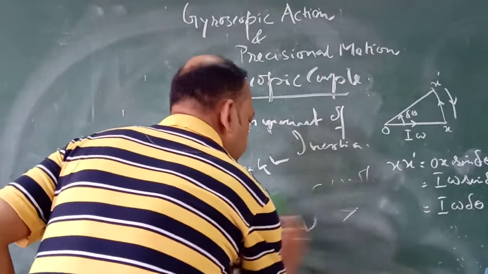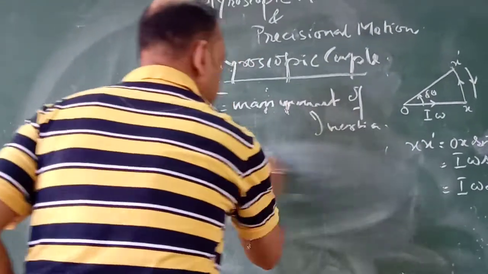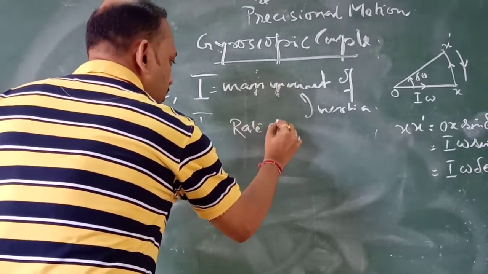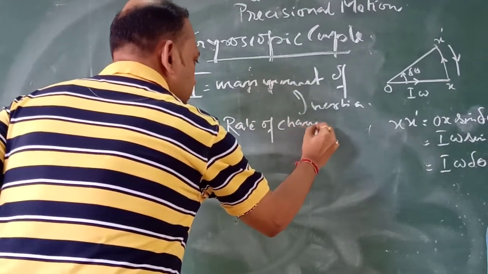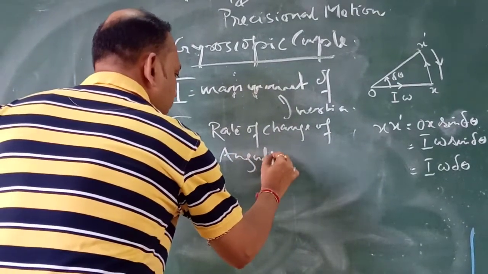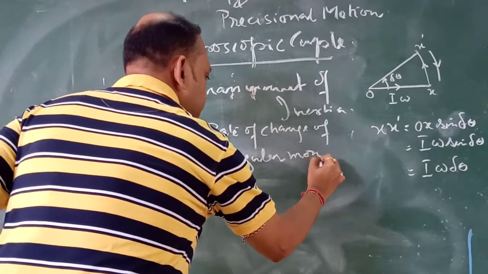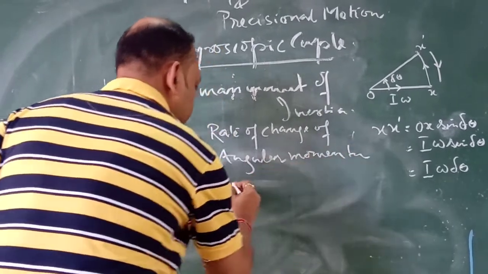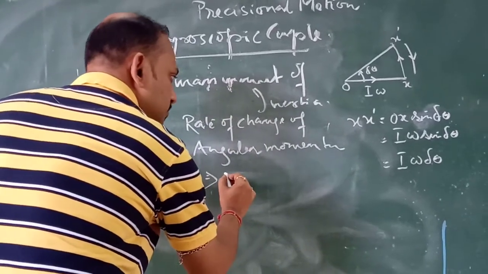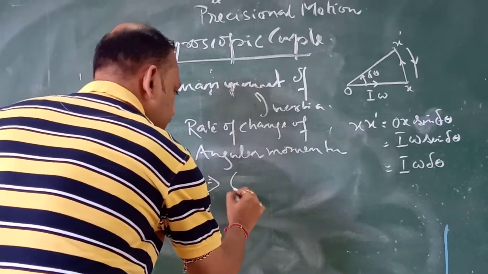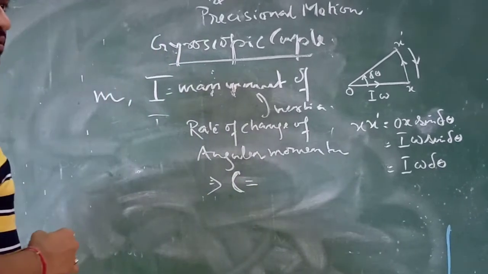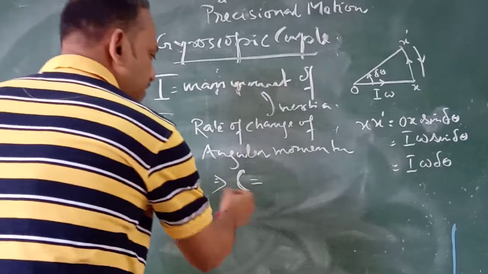So the rate of change of angular momentum, let us call it by C, the couple which is acting on the system.